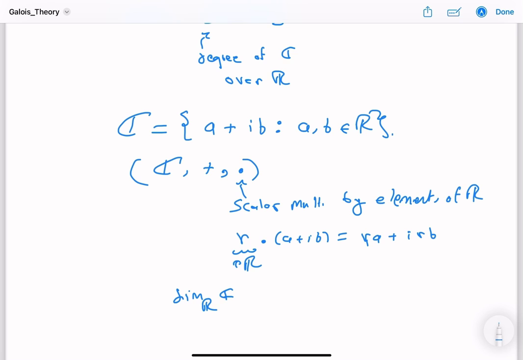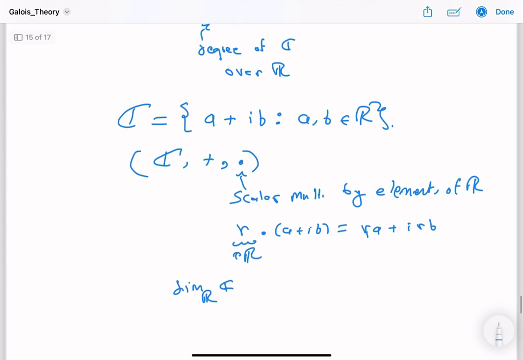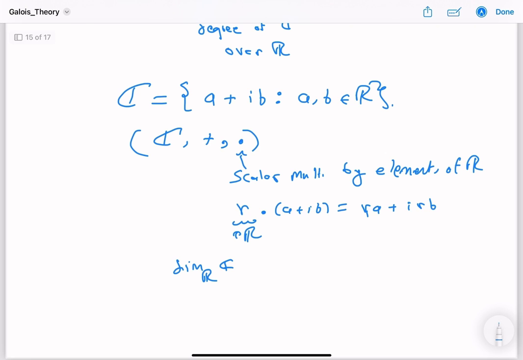Well, what's the easiest way to get the dimension of a vector space? The easiest way is to find the basis and find the cardinality of the basis, right? So what is the basis of C over R? If you look closely here, you see that there are two elements being involved, namely 1 and i.